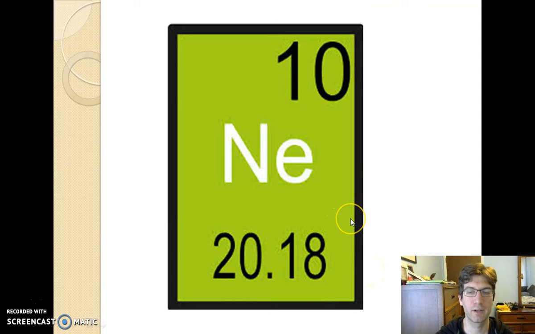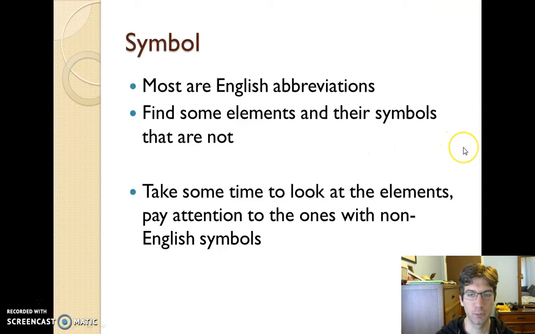The next slide is going to talk about atomic symbols, and our symbol for neon is Ne. So our symbols are mostly English abbreviations. You can probably assume where Ne comes from neon. Some of them are not, especially the ones that were early found in Mendeleev's time. They are Latin because that was the language of Latin. So I do want you to pay attention to the ones with non-English symbols, especially the common ones that we use, such as iron, which is Fe.